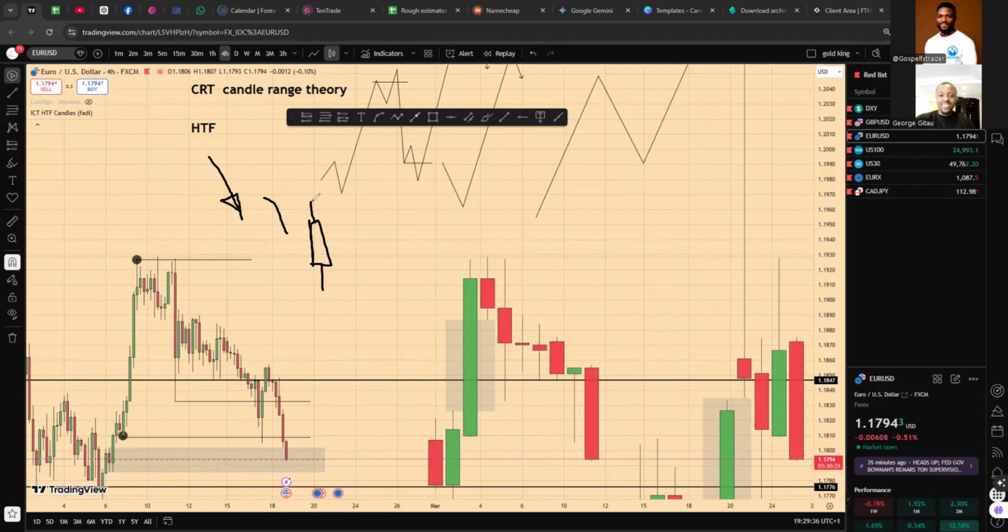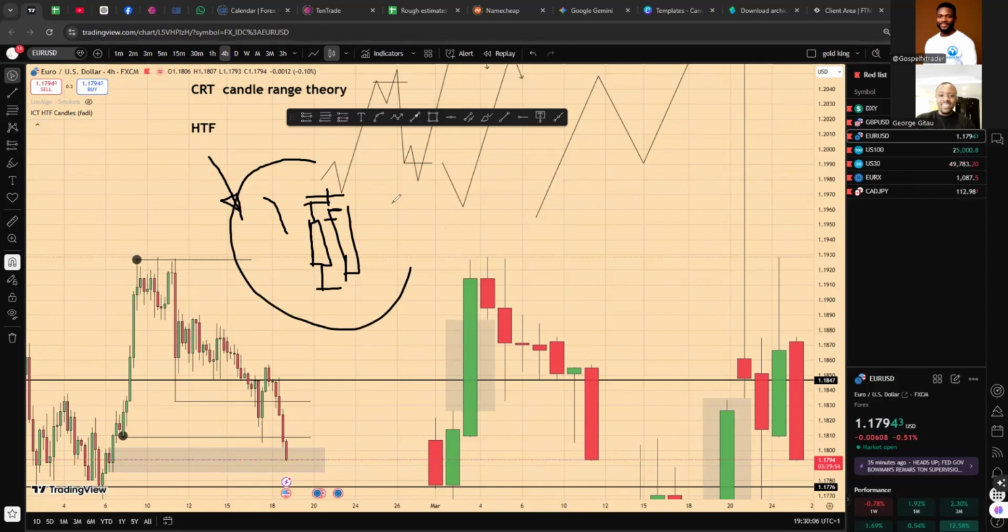And then you follow the validation process I've just mentioned into a key level, either a fair value gap, order block or a breaker, and then it closes back within the range of the CRT candle that you've pointed. Also, a good body candle is always recommended. You prefer big body candles because they're going to have a wider range, which leaves you with a good risk to reward ratio as well.